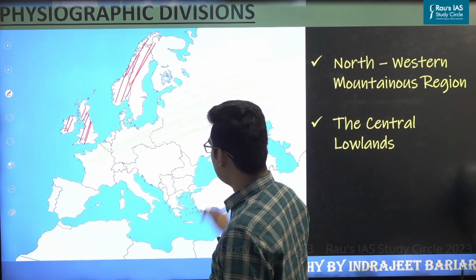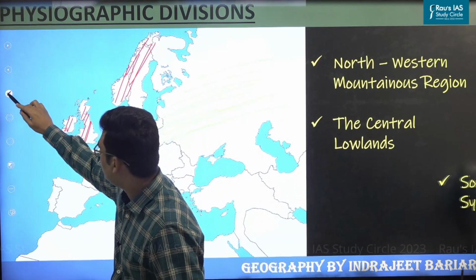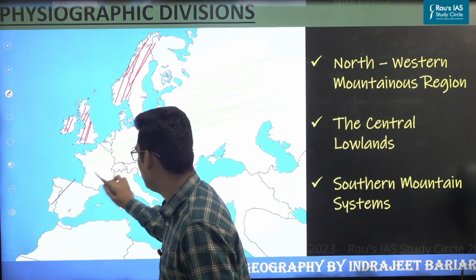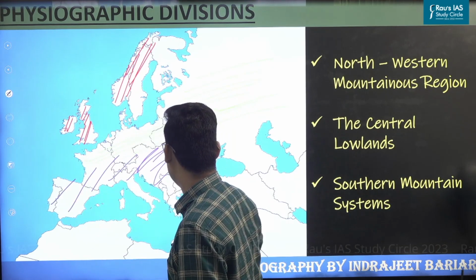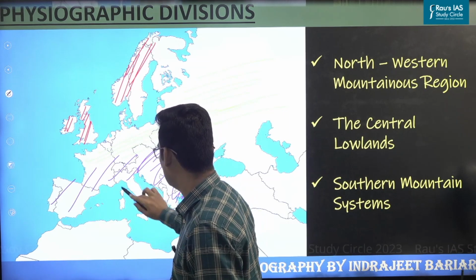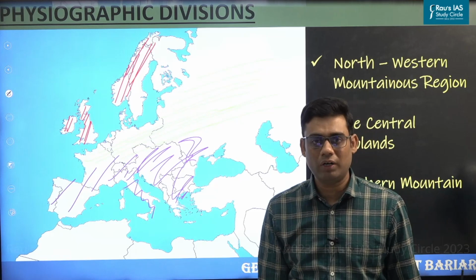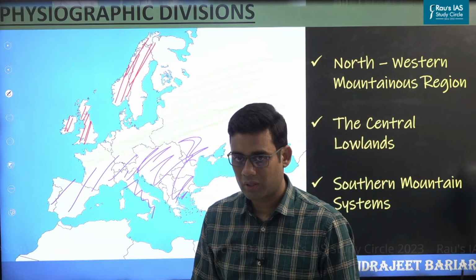And the third section is the southern mountain system, which roughly covers these portions. So these are the primary physiographic divisions of Europe.